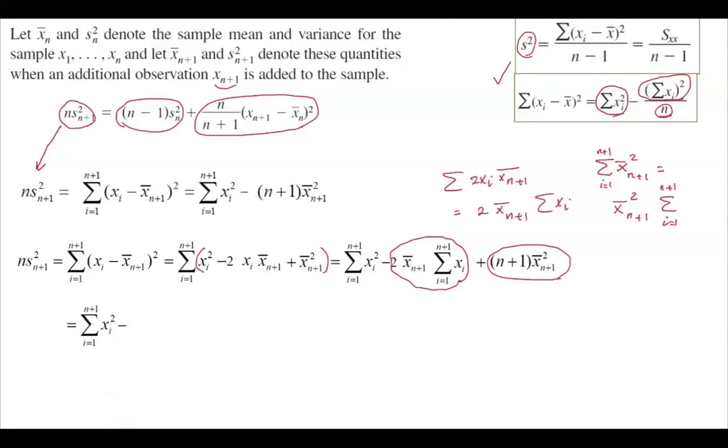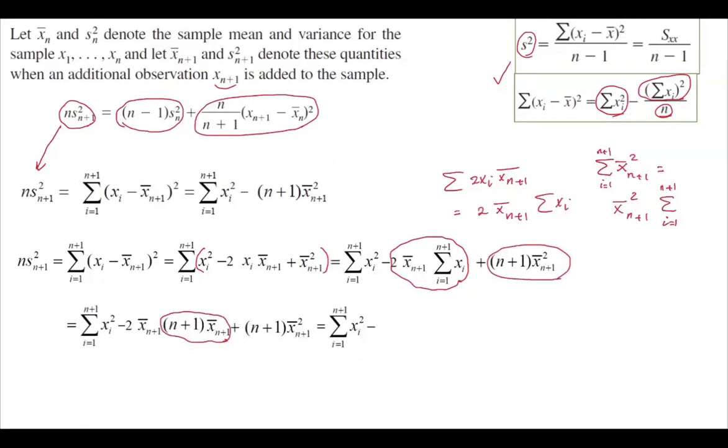Now, you can simplify this further. It is the summation of xi's to the second power minus 2 xn+1 bar times n+1 times the sample mean. This is basically the definition, plus n+1 times the sample mean to the second power.